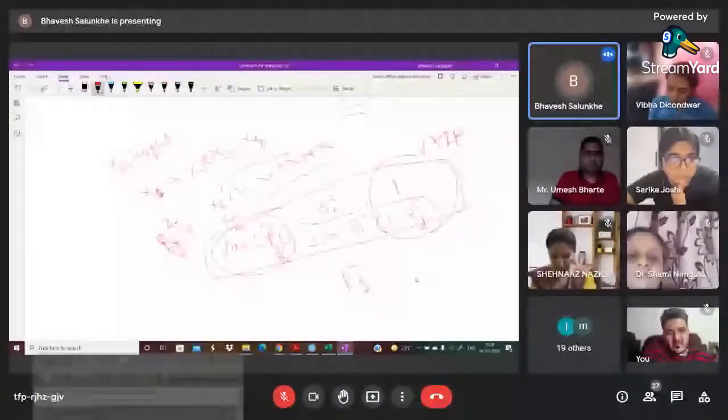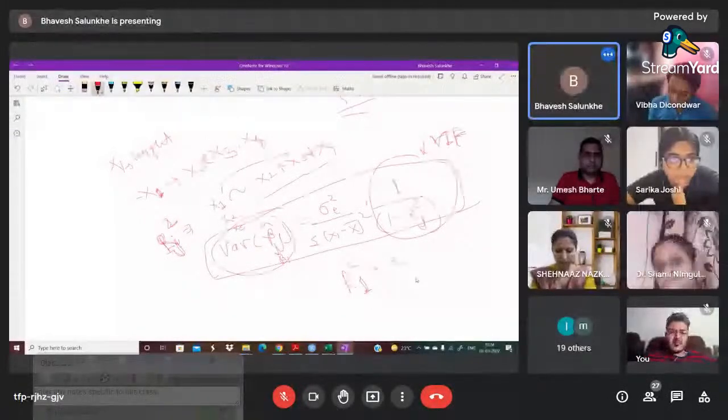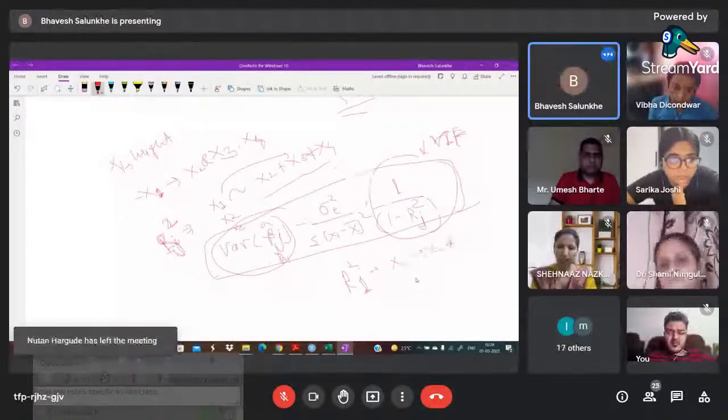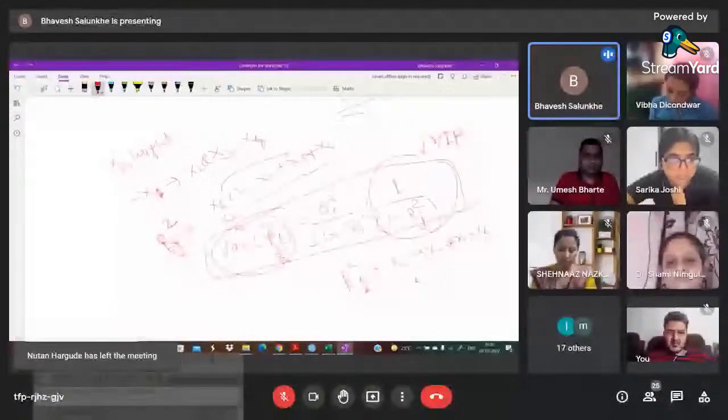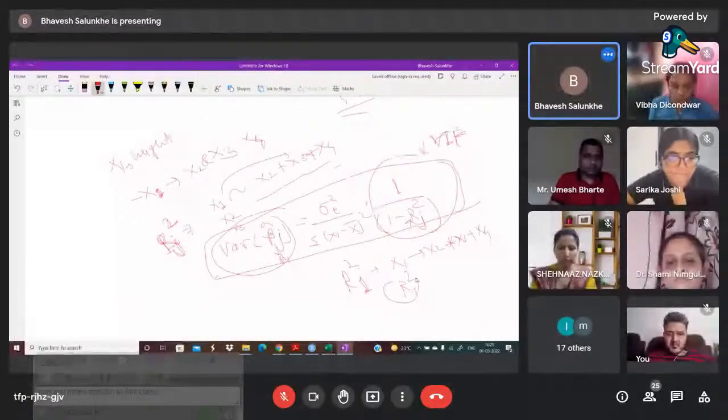You regress x1 on x2 plus x3 plus x4. Do this regression, get R square from this regression for the first variable, and that R square is put over here. Once R square is calculated, you calculate this value.